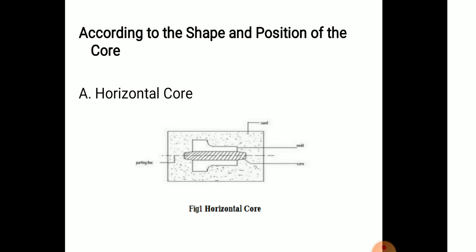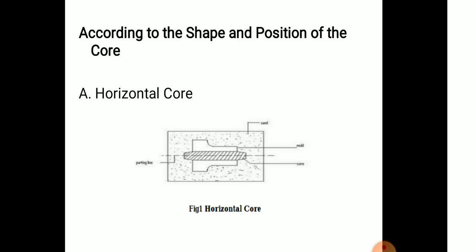Next is the classification according to the shape and position of the core. The first one is the horizontal core. Let's see the figure of the horizontal core. The upper side is the sand, then the mold, then a core, and then the parting plane.